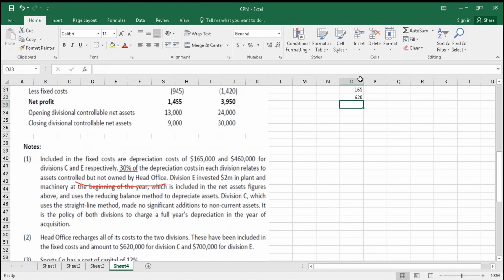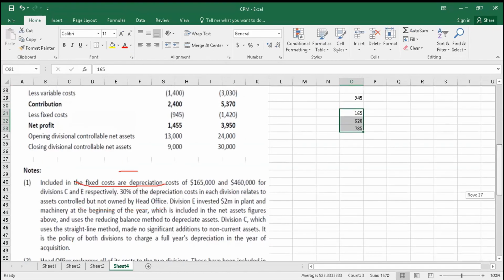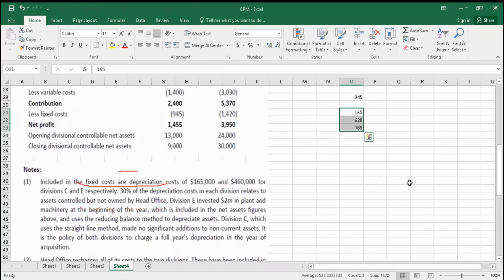When we add them up, it's coming to 785. So there are certain other amounts of fixed costs also included. 945 is given as fixed cost, but we have mentioned only two fixed costs, 165,000 and 620,000, and when we add them up it is only 785. So only calculating that and then separating that may not be an appropriate method.